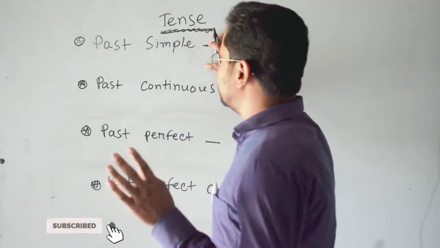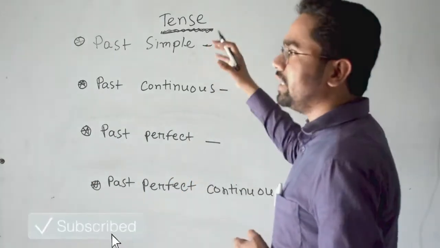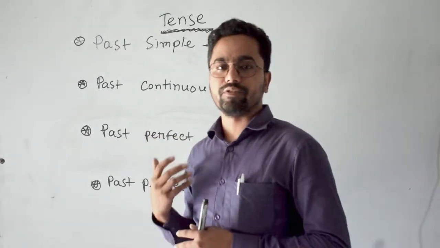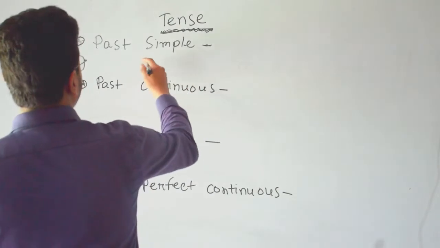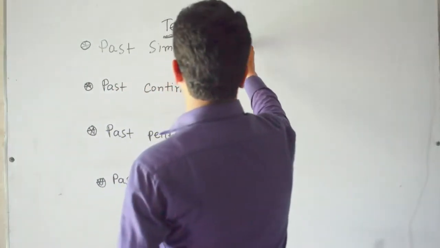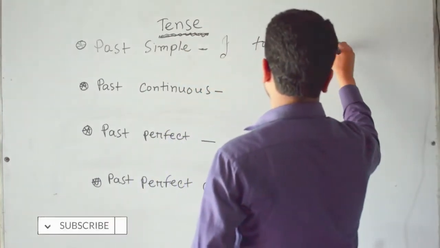If you look, the first one is the past simple tense. In that tense, the work has finished before. If I write a sentence regarding this tense, I can write: I took tea.